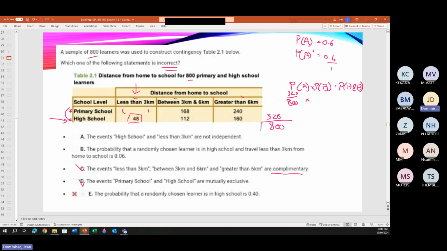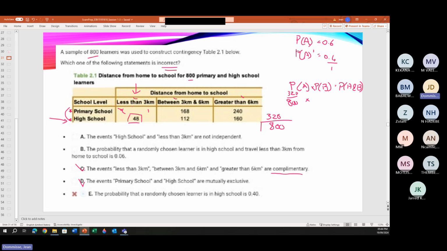Probability of B, so that's less than. So we also need to work out that. So let's quickly see. I would say 800 minus 320 minus 240 minus 168 will give me that. So that is 72. But let's also just check.